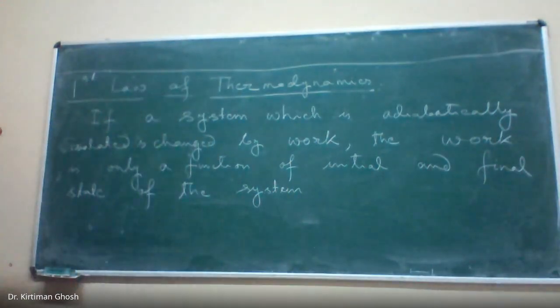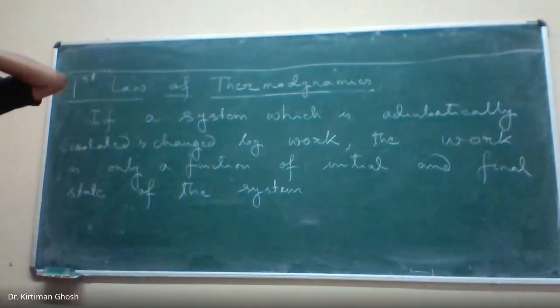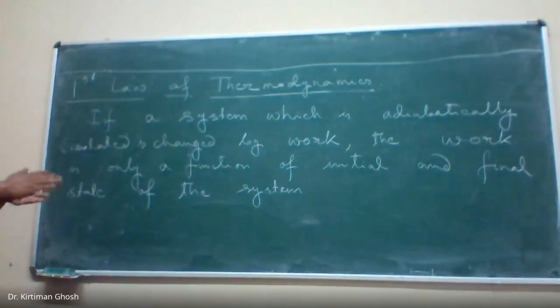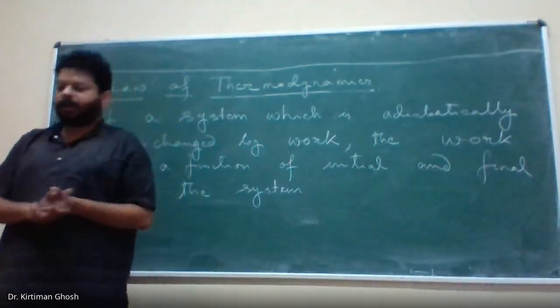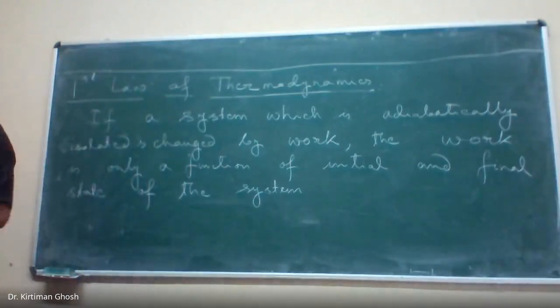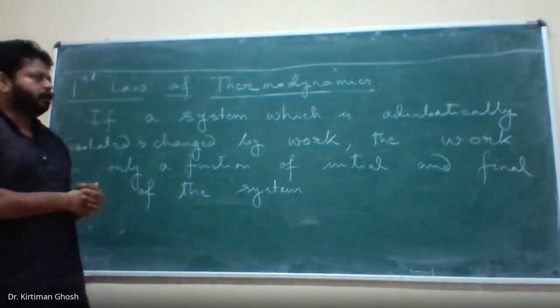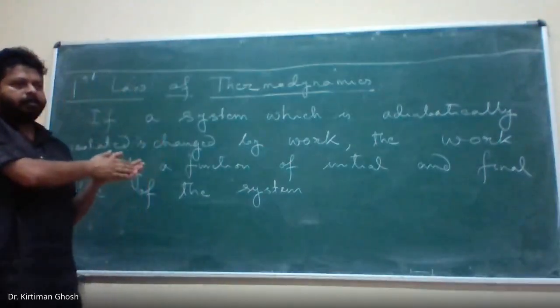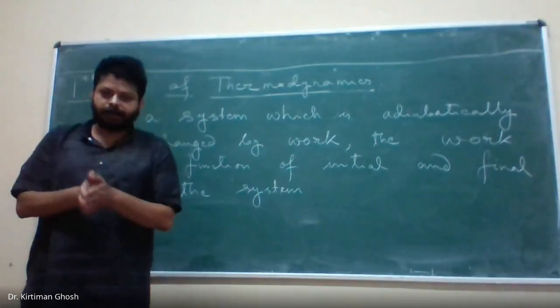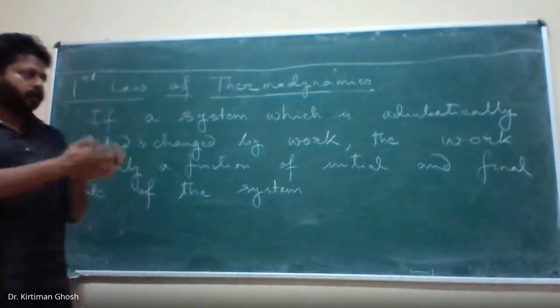Let us try to understand this statement. It tells you that you have a system which is adiabatically isolated from the surroundings. Now you change the state of the system from one particular state to another particular state by doing some work on the system.